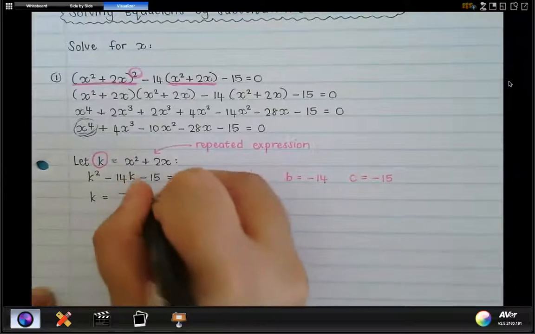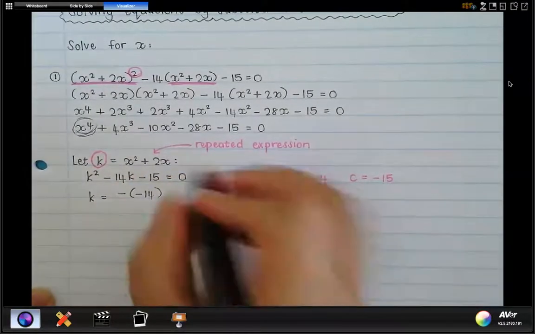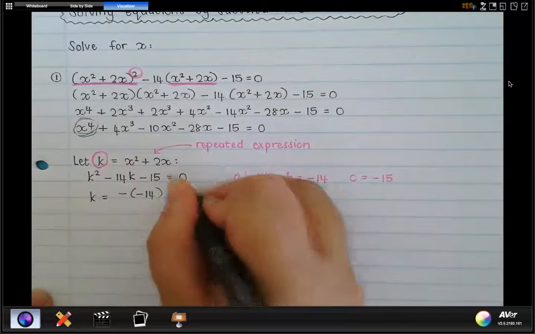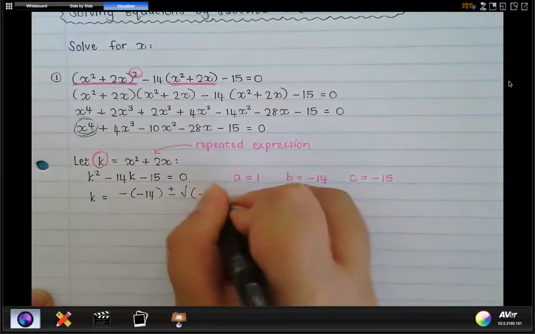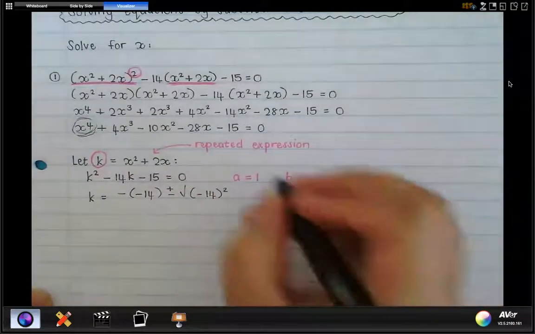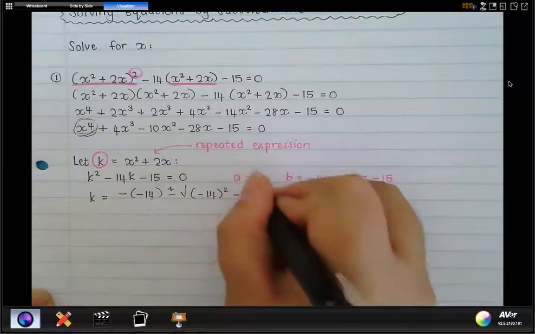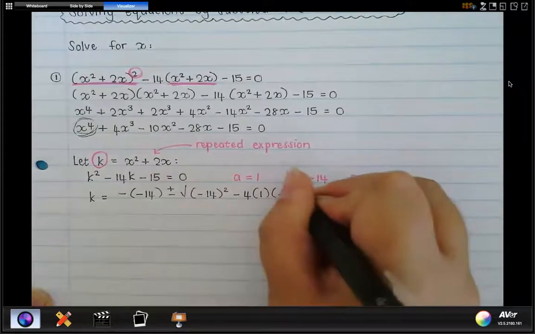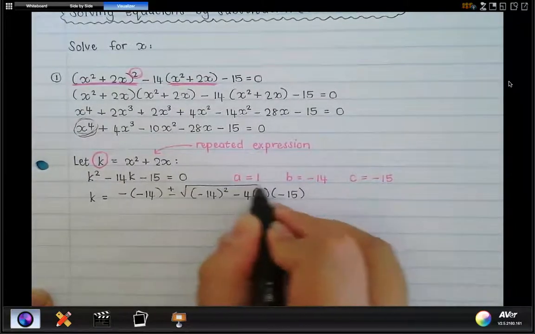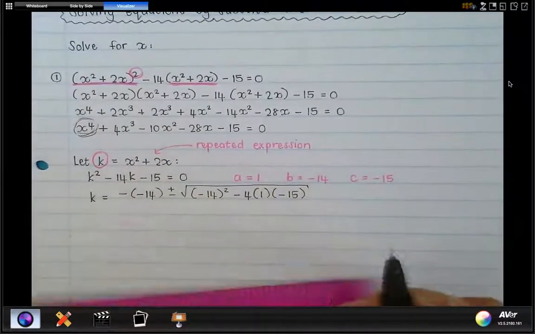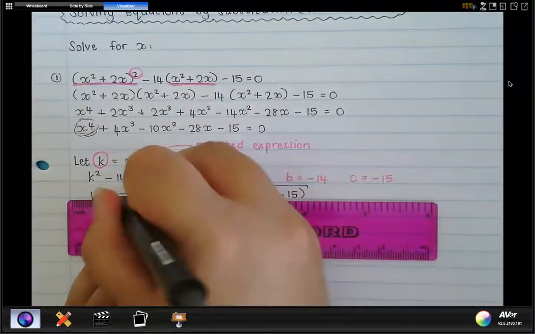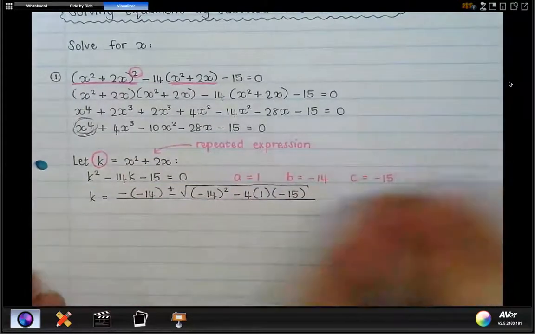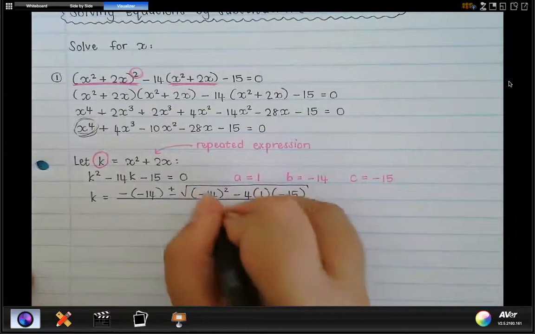Negative B, so negative 14, plus or minus the square root of B squared, which is negative 14 squared, minus 4 times A, which is 1, times C, which is negative 15. That is then all over 2A, 2 times 1.